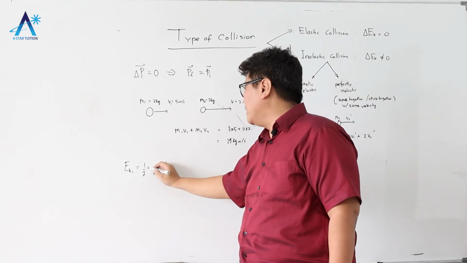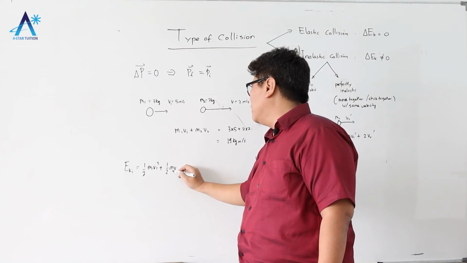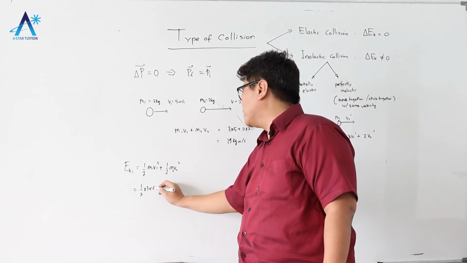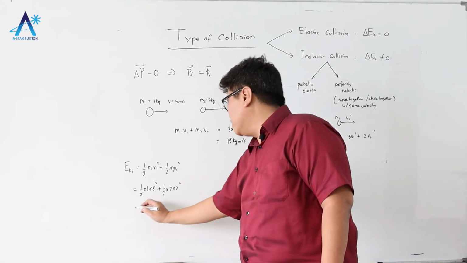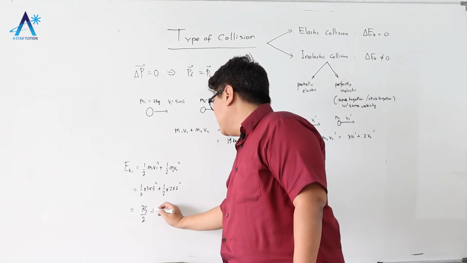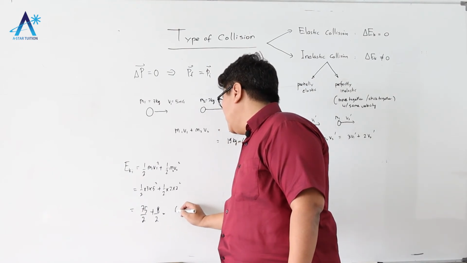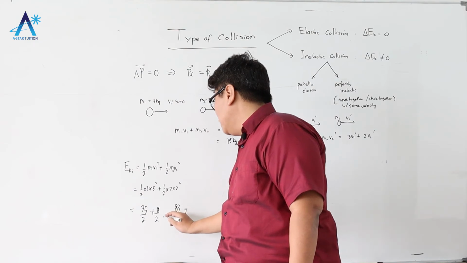It's equal to half m1 v1 square plus half m2 v2 square, so half times 3 times 5 square plus half times 2 times 2 square. This gives you 75 over 2 plus 8 over 2, which is equal to 83 over 2 joule. Remember, energy is in joule.